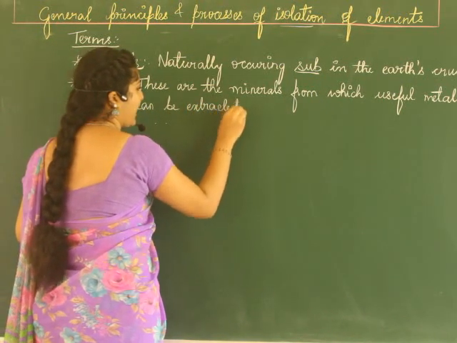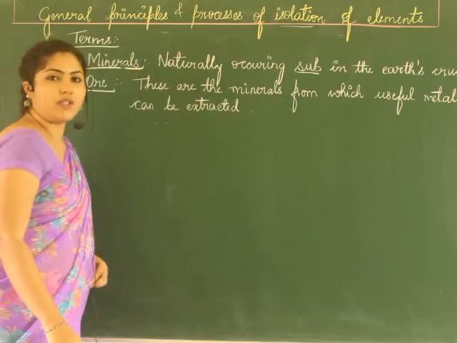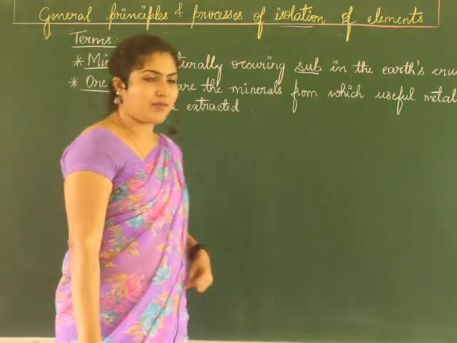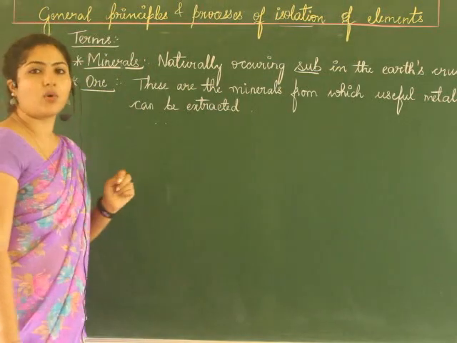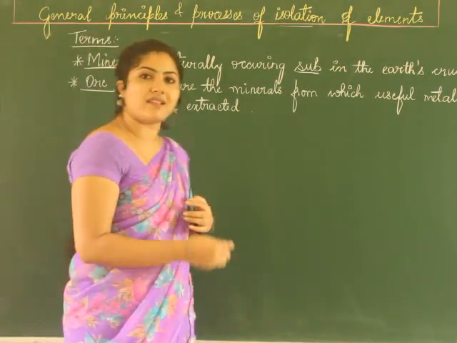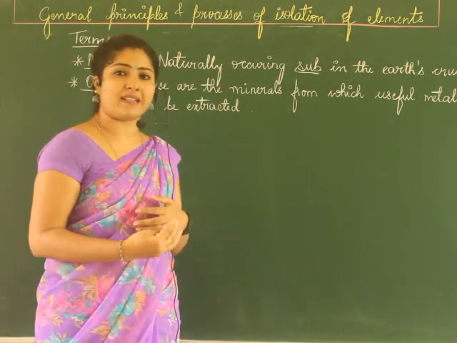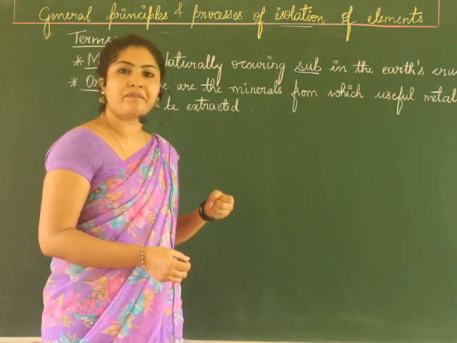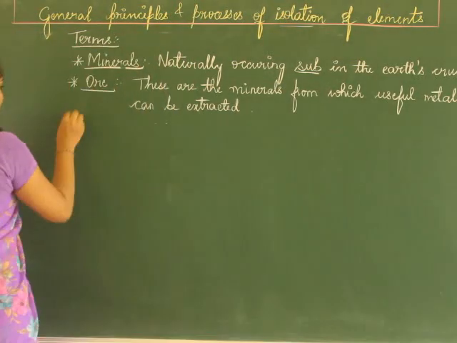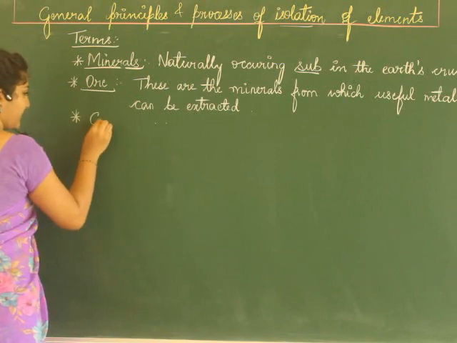Extracted means separating and using it. So such substances are called ores. For example, iron has different ores like hematite and magnetite, from which we can separate iron. Clear? Next one is gangue.